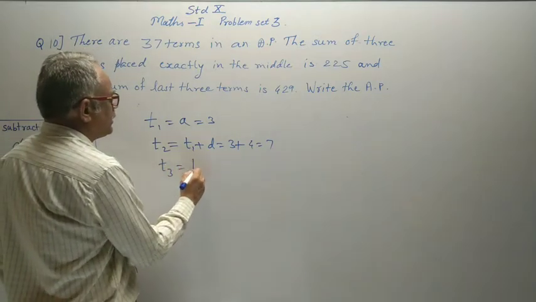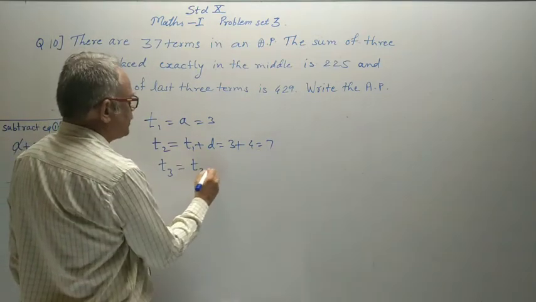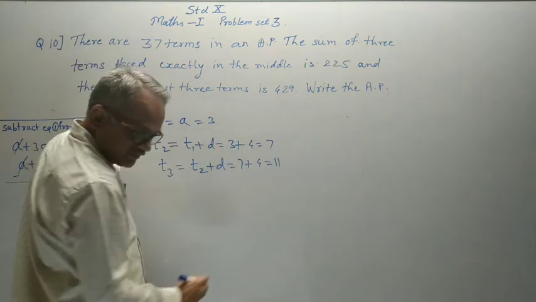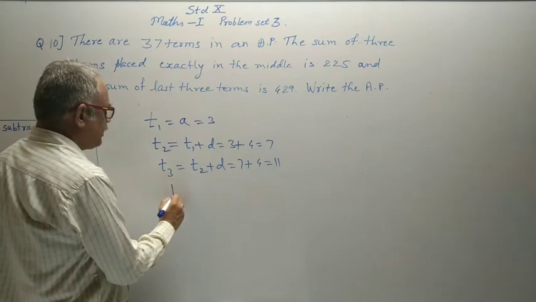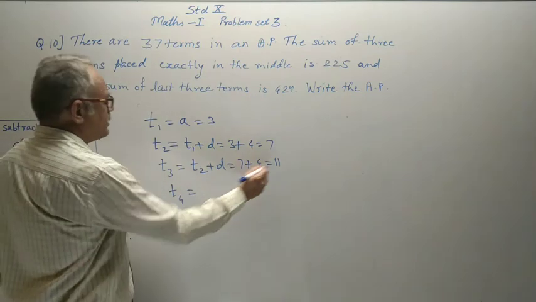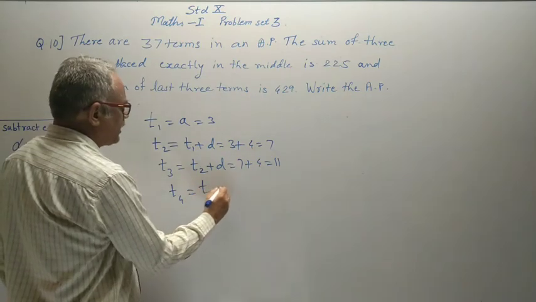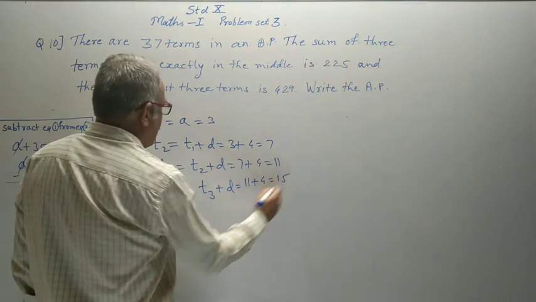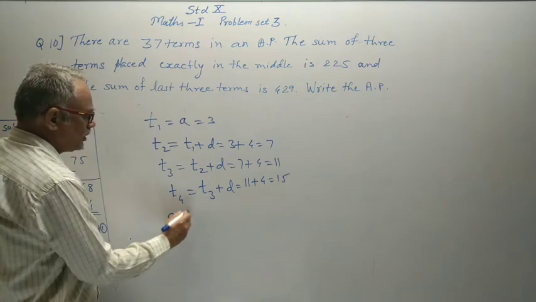T3 is T2, the second term, plus D: 7 plus 4, 11. T4 is the third term T3 plus D: 11 plus 4, 15. And so on.